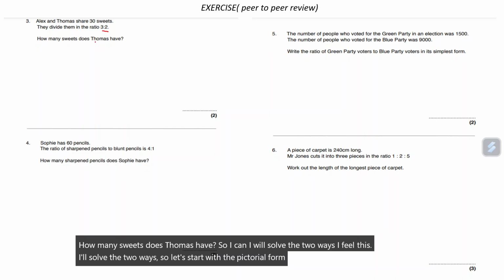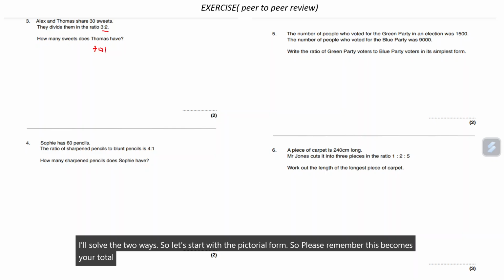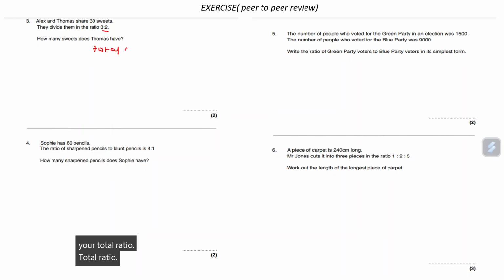So this, remember, becomes your total ratio. Total ratio is equal to 3 plus 2, which is equal to 5.